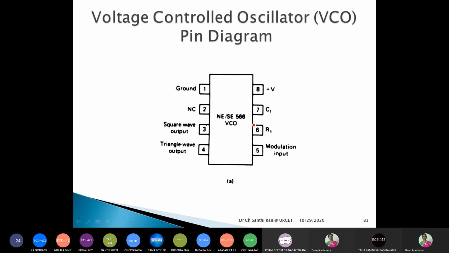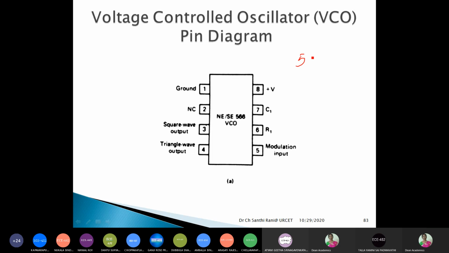What is the functionality of IC 555? You can respond either in the chat box or unmute and respond. Better to respond in the chat box, whatever you like, no problem for me. 566 is the voltage controlled oscillator.